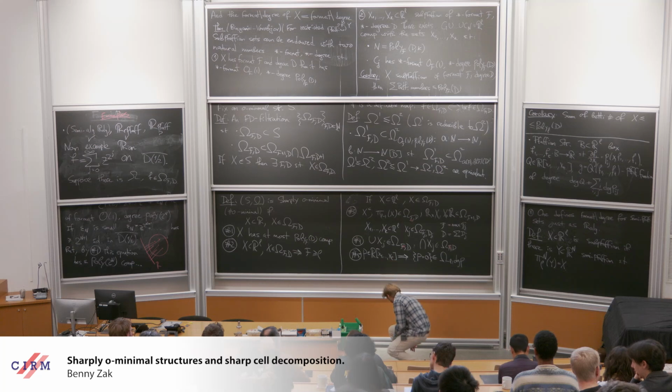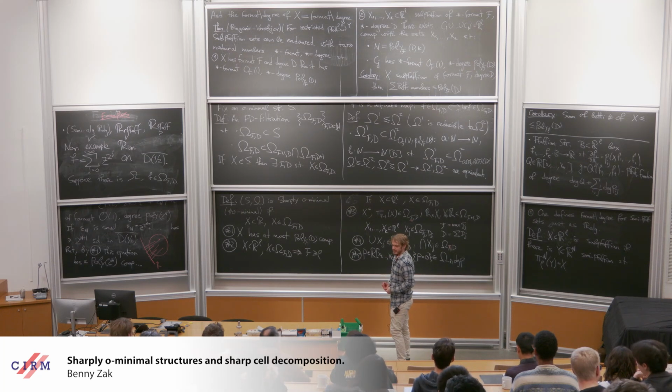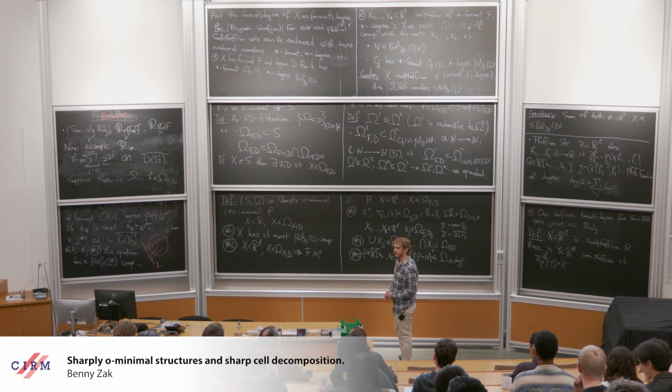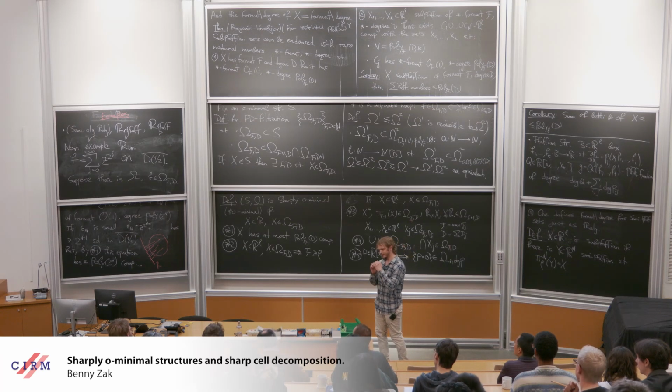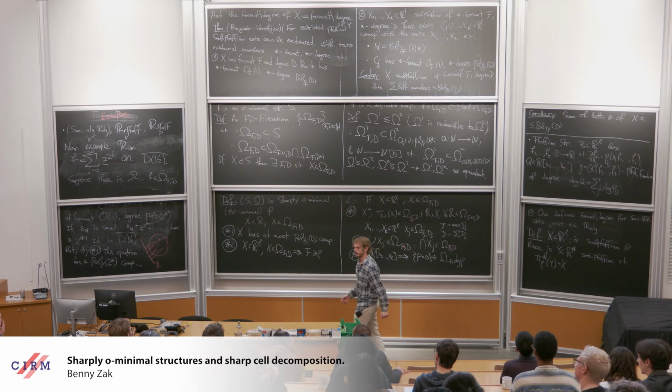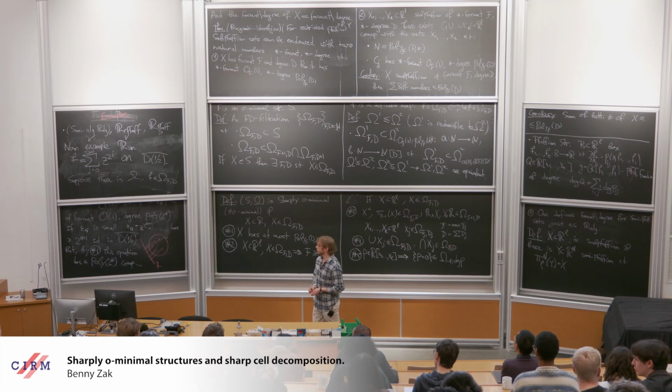The thing is that if you use just general elimination theory or resultants or stuff like this, then you will have a very bad bound for the degree of the projection of a semi-algebraic set. But actually, you know what? I will ask to return to this point in a few moments, because just now I'm about to say something connected.